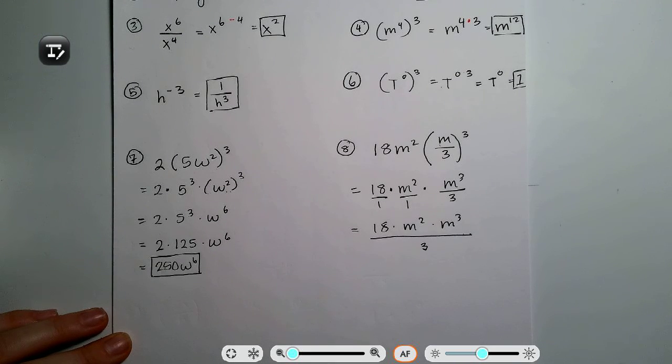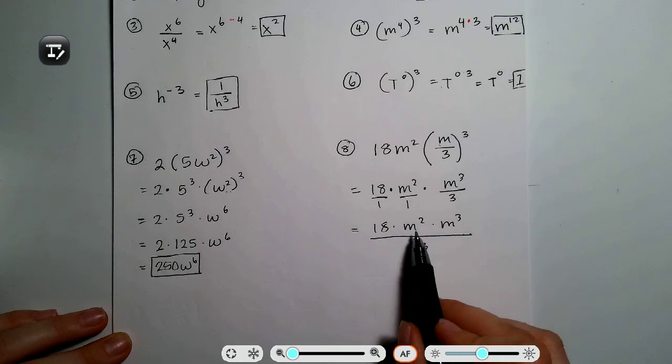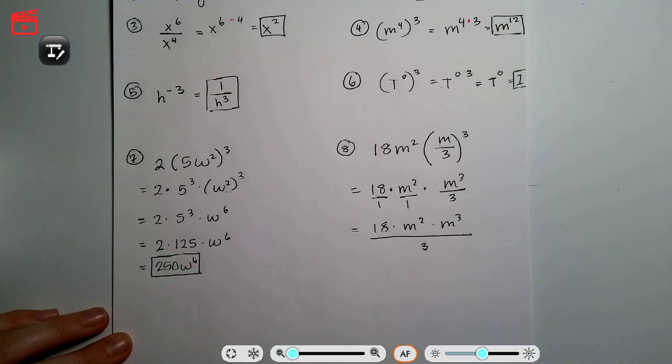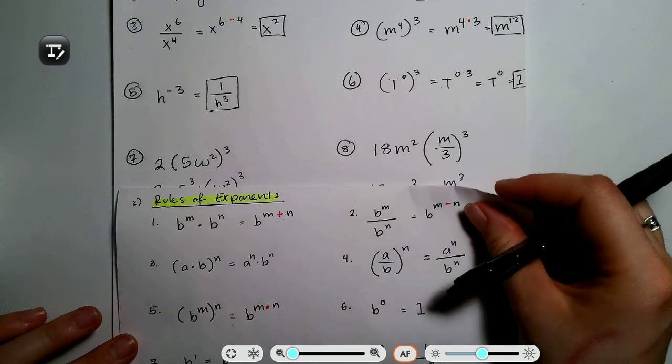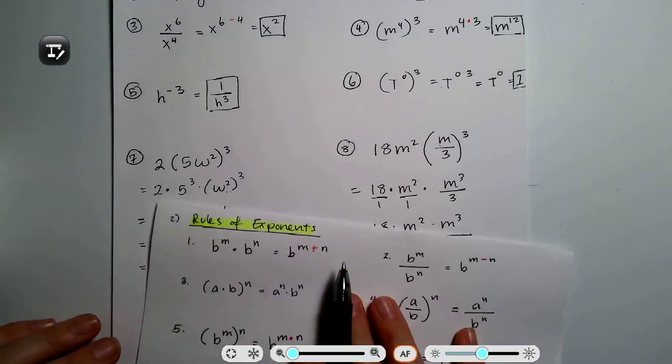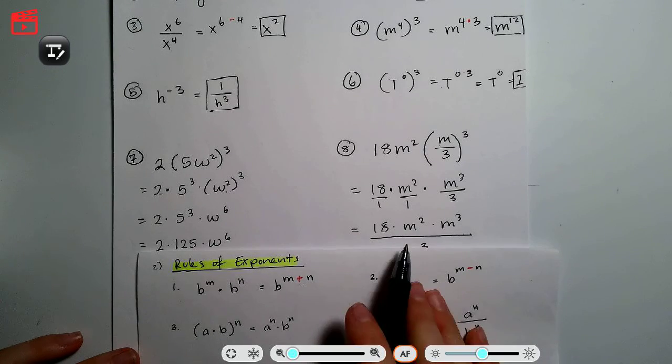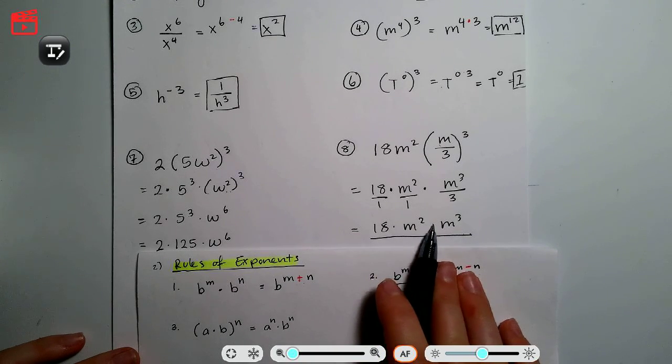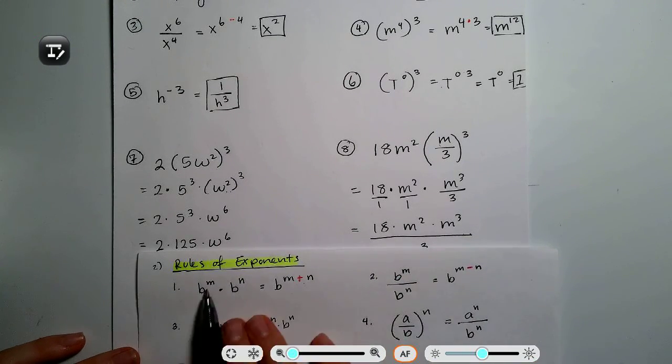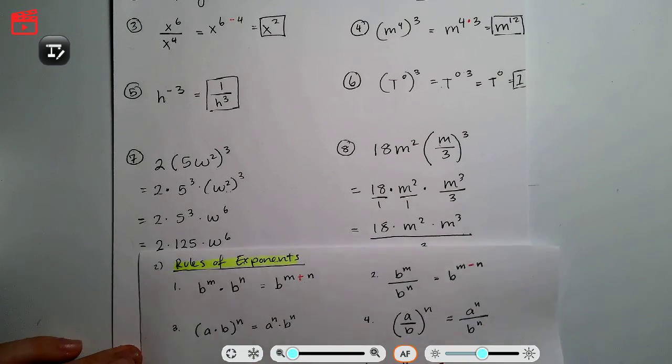Can I simplify further? Well, I have these two m's to powers here, and that rings a bell. Let's take a look at any of our rules. The m squared times m cubed looks an awful lot like number 1. So what do we do? We keep the base and add the exponents.